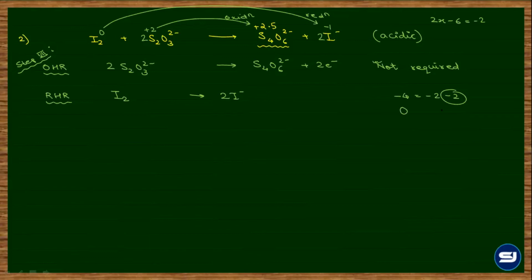And 0 and -2 would be balanced as 0 plus 2 electrons on the left, so 2 electrons on the left. अब step 7 में the electrons which are lost should be equal to electrons which are gained. Now this is already balanced, so I don't have to do anything in this step. I have to just add the two half reactions now.